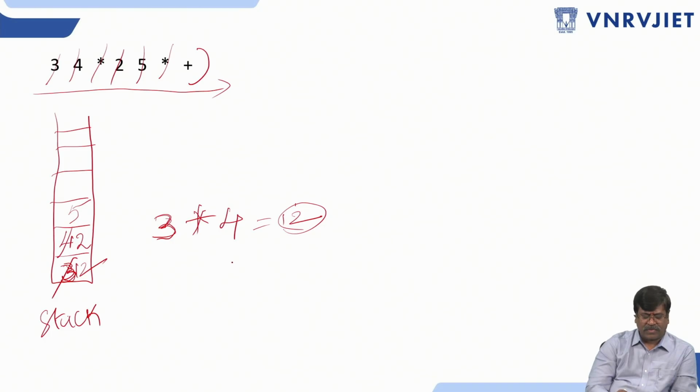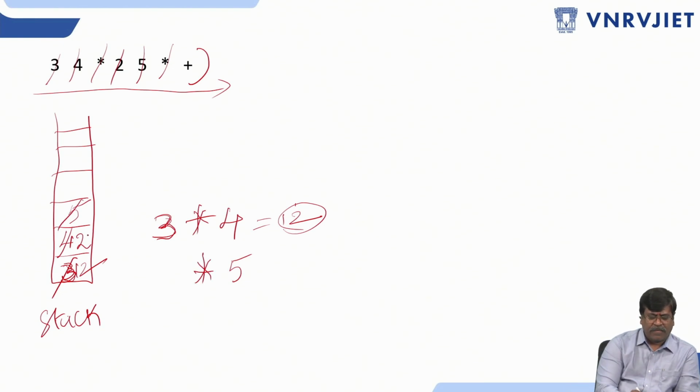What are those 2 values? 5, then you apply that operator star. What is the next value in this stack? 2. So what is the result? 2 into 5, it is 10. Send this result back to the stack. So on top of 12, now we have 10.